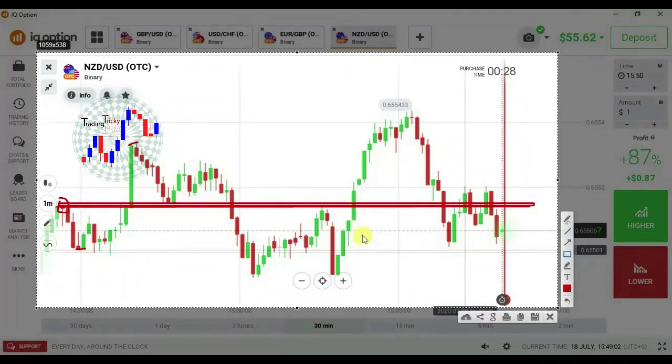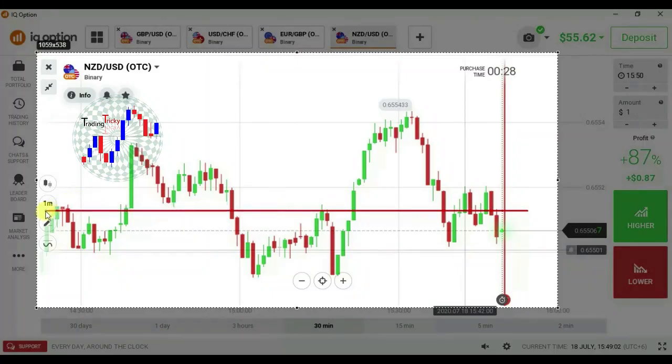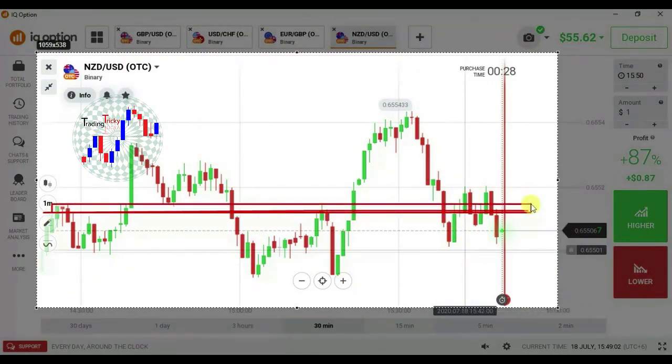Sorry, I'll include this area too, because here you can see price action, because you need to adjust the line according to recent market price action.